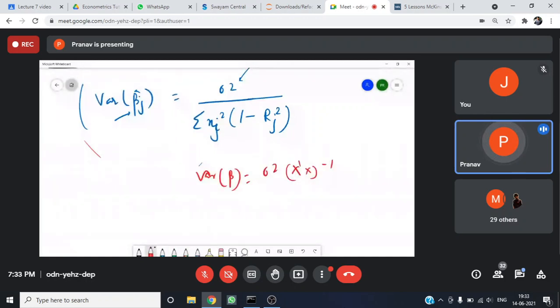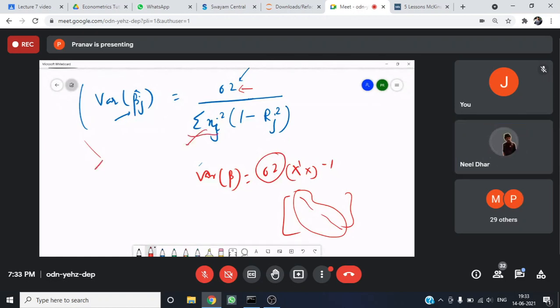So the elements on the principal diagonal are nothing but the variance of the OLS estimator. Now the sigma square term is your error variance. And summation xji square is the jth variable's deviation around its mean, the sum of squares.